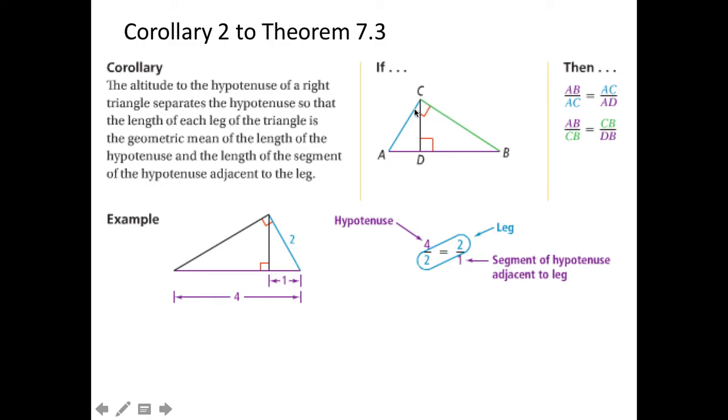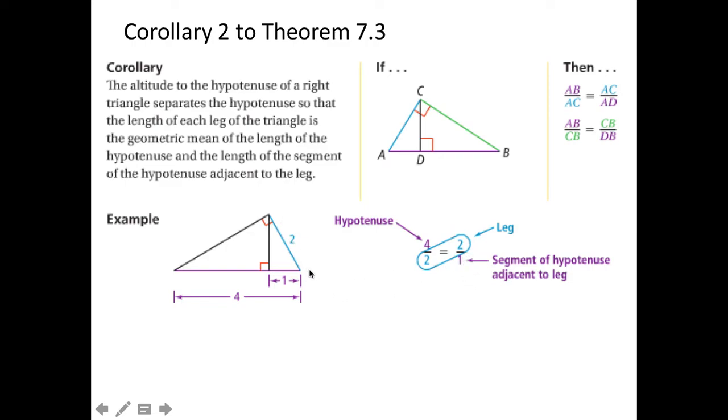So we are comparing the hypotenuse and the legs now. In the last one, we were comparing the hypotenuse and the altitude. In this one, we're comparing the hypotenuse and the legs. So here's an example. This big hypotenuse is a 4, and then we're comparing it to the smaller part of the hypotenuse versus the leg.